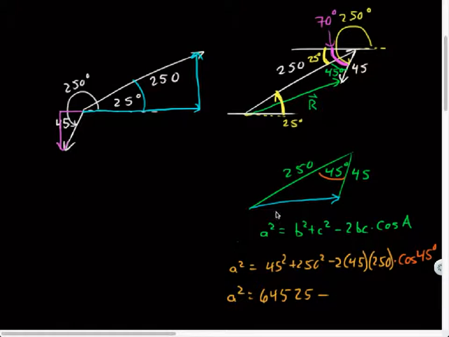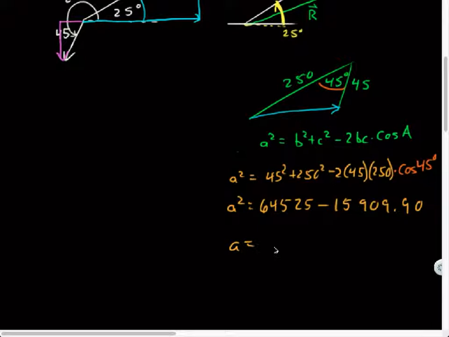I'll accept the decimal for this case, though. So this is 15909.90. That's fine. Subtract those two, square root both sides. I'm going to get a squared equals 64525 minus that answer. Root both sides, and I get a is equal to 220.4883 pounds.